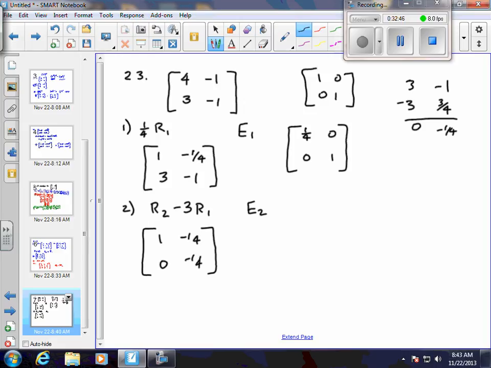So my E2, I have to do the same thing to the original identity matrix that I just did to my matrix. So I take row 2 and I subtract 3 times row 1. In other words, multiply row 1 by -3 and add. So that gives me -3, 1 for my bottom row.